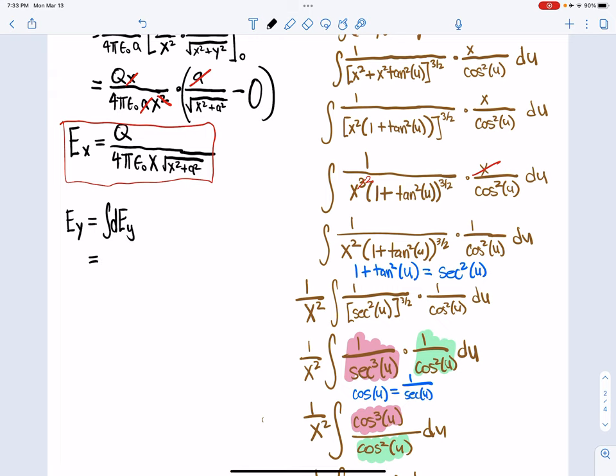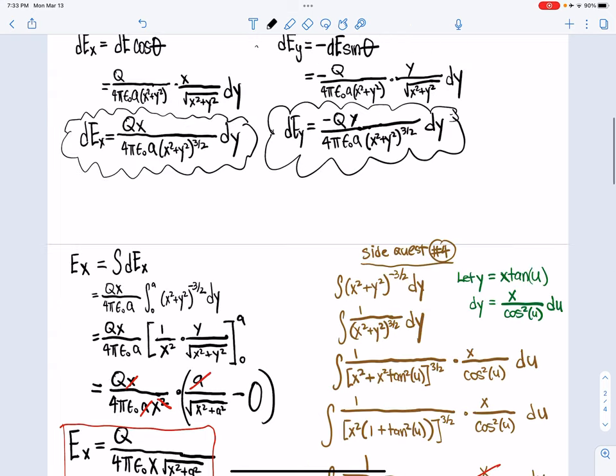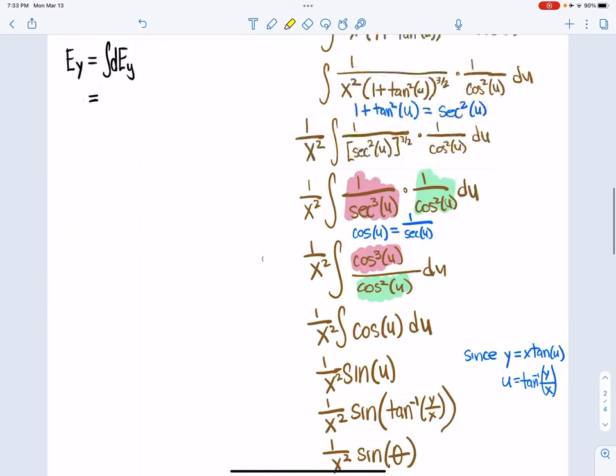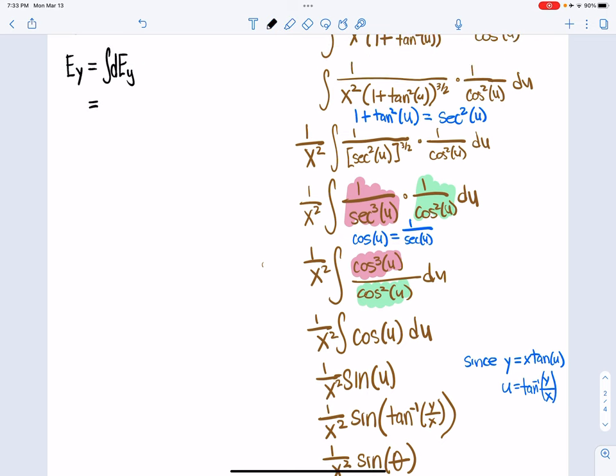I'm going to take out the constants, and the constants here are minus q, 4 pi epsilon naught, and a, right? So minus q divided by 4 pi epsilon naught times a times the integral from 0 to a of y divided by x squared plus y squared to the power of 3/2 dy. Okay?